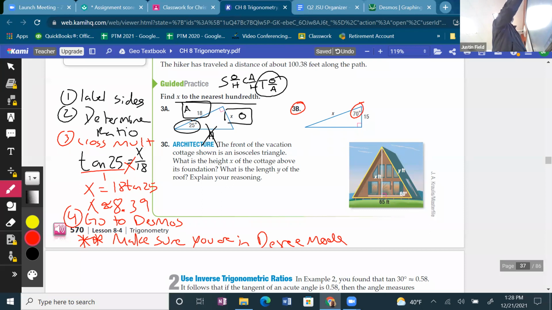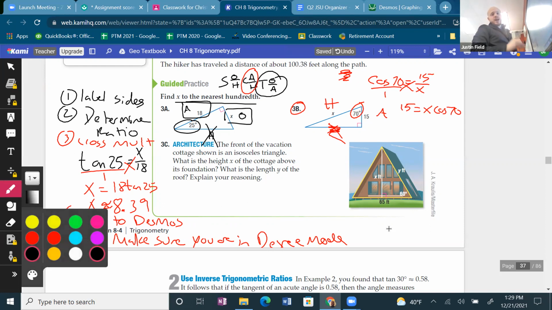We have angle 70, hypotenuse, adjacent. Don't care about the, that's confusing. All right, so which ratio is the hypotenuse and the adjacent? That is CAH. So I'm going to write cosine of 70 equals 15 over x. Put the ratio over 1 and cross multiply. And I get 15 equals x cosine 70.